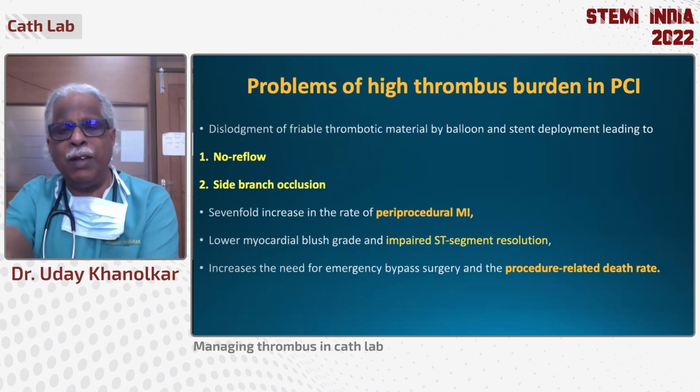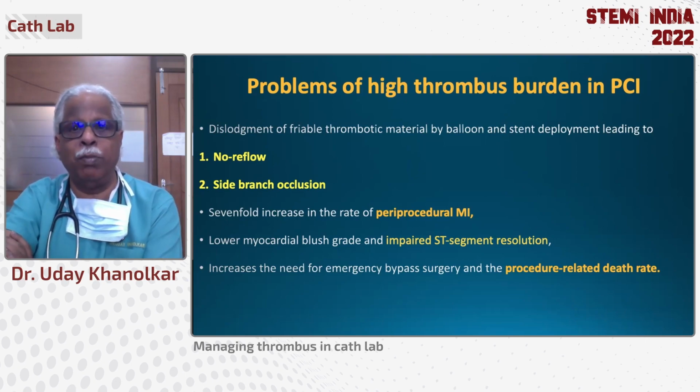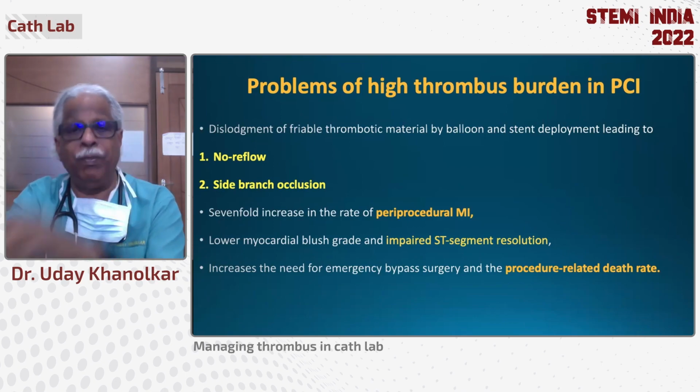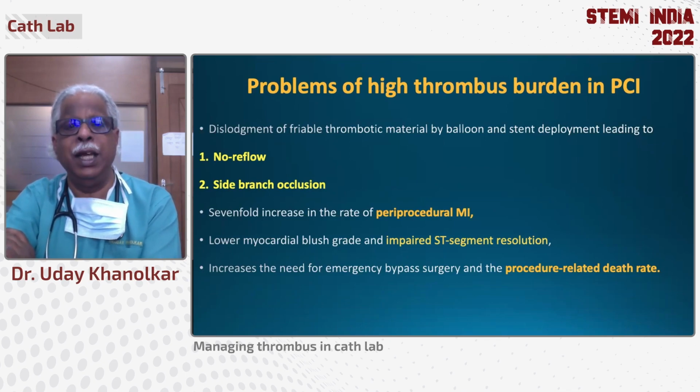Now, when we are facing with the thrombus, the problem of high thrombus burden is that it can get dislodged during the procedure, as the friable elements of the thrombus can give rise to no reflow or slow flow or side branch occlusion, or even aspiration of the thrombus backwards and then embolizing into the vessel which is proximal to the target vessel.